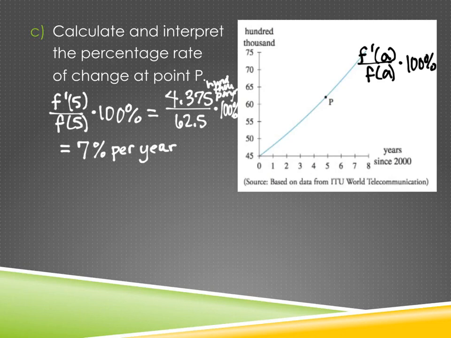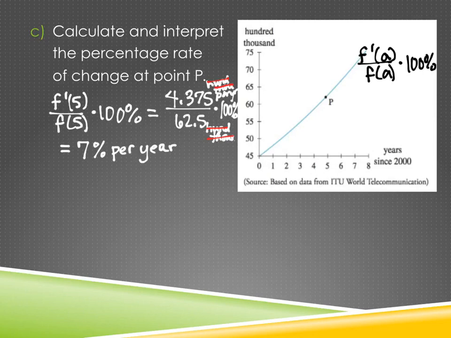What are the units on the 62.5? 100,000. So what cancels? The 100,000, and what's left? The per year gets left, right? Because it's a rate of change on top, and it's an output value on bottom. So the 100,000 per year has the per year left. The percent is because I multiplied by the 100%. So that's where the percent came from. And the per year is because that's what's left from my numerator.